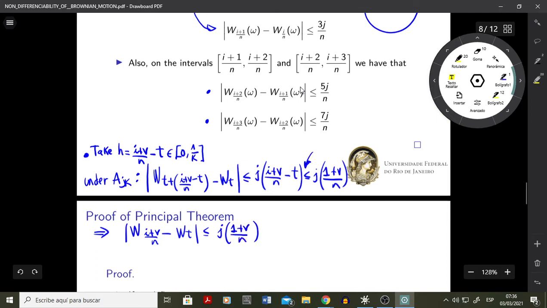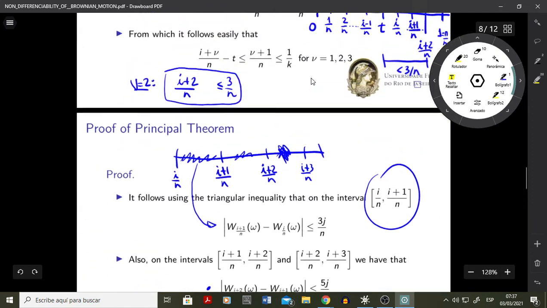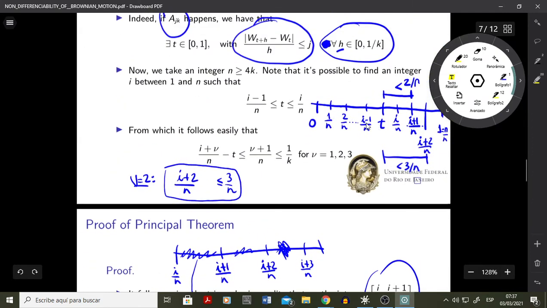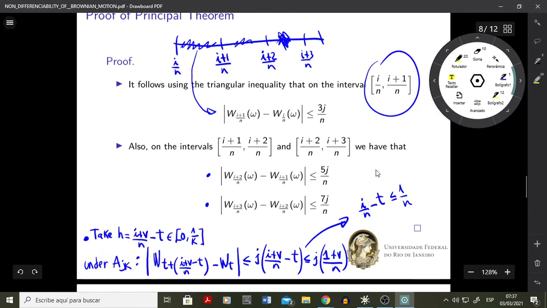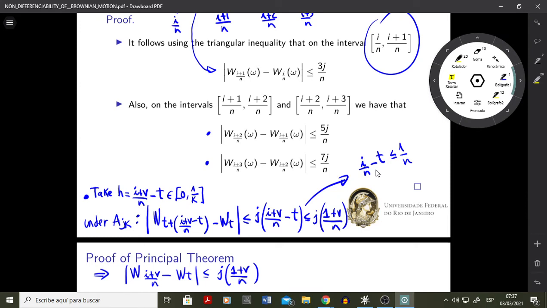Okay, this inequality is easy to see because I over n minus t is at most 1 over n. This is because t is in this interval, between I minus 1 over n and I over n. Okay, so we have this bound.